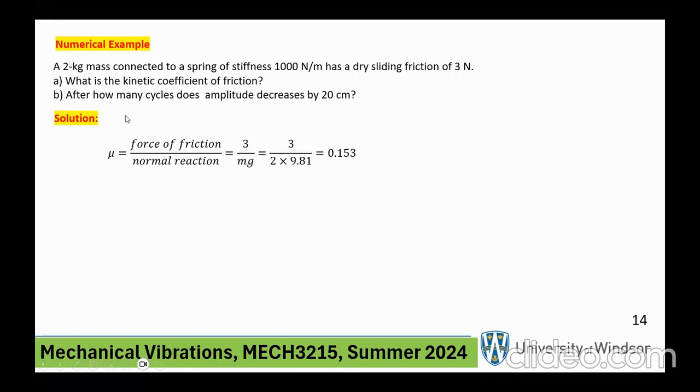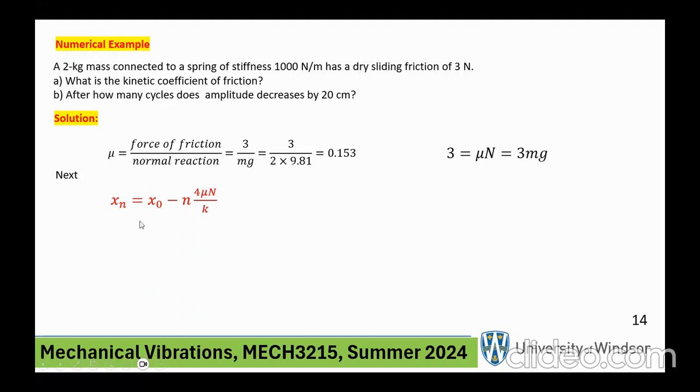Part B says, after how many cycles does the amplitude decrease by 20 centimeters. Okay, so if you go here, we have this expression which gives you the amplitude after n full cycles. So we start with an amplitude of x naught, whatever it happens to be. After n cycles, each cycle reduces by that much.